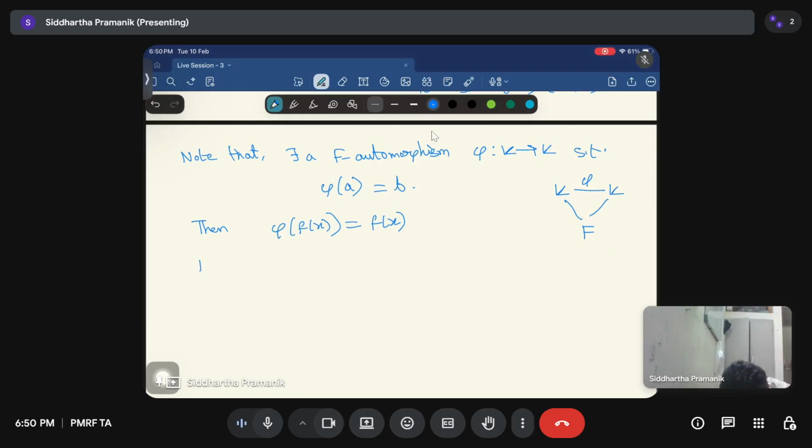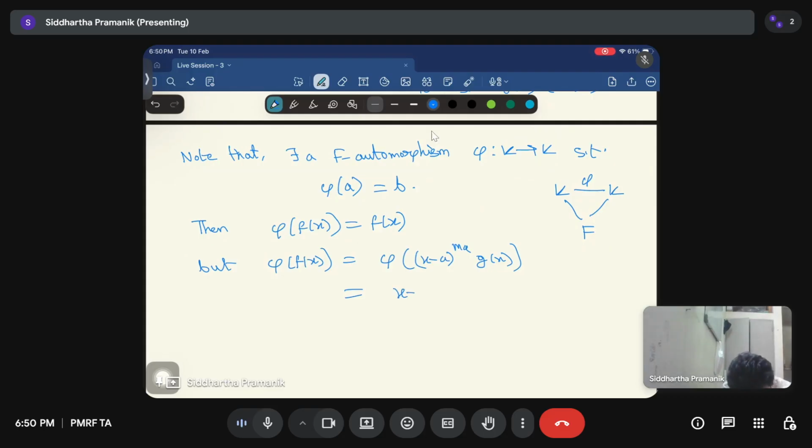But what is phi of f(x)? This is phi of (x minus a) to the power m_a times g(x), and under phi, a maps to b.